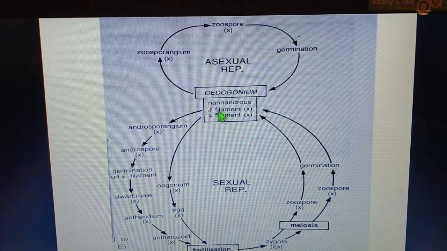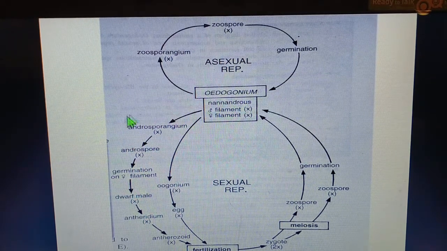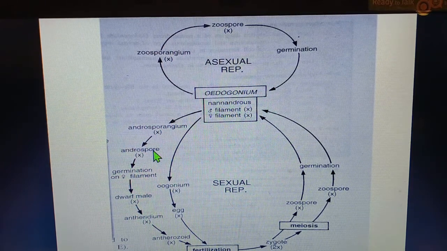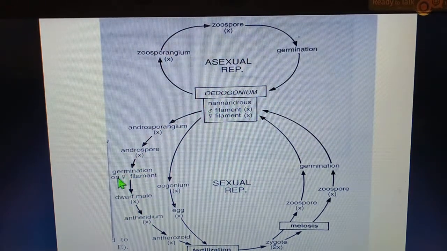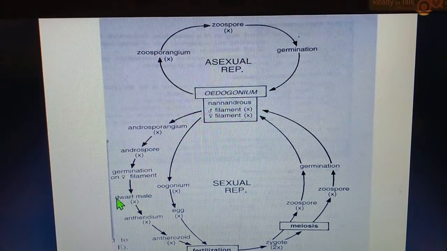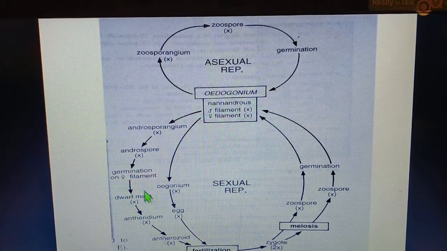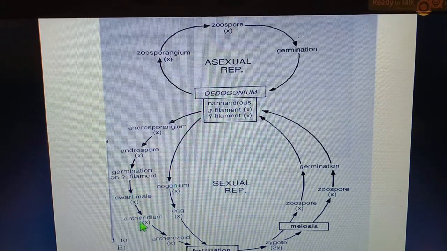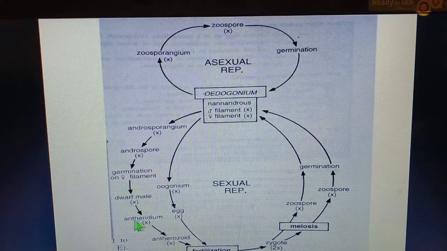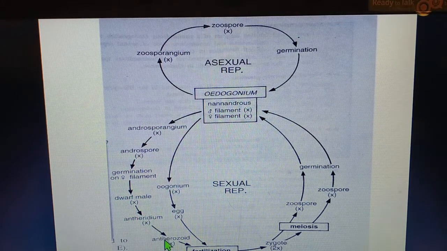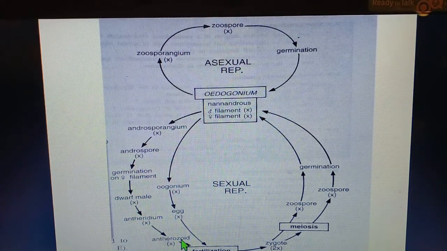The male filament forms the androsporangium, which will give rise to the androspore. And upon germination, this androspore will form the dwarf male. Then in the dwarf male we will get the sexual structure of the male, that is the Antheridium, which will give rise to the male gametes.